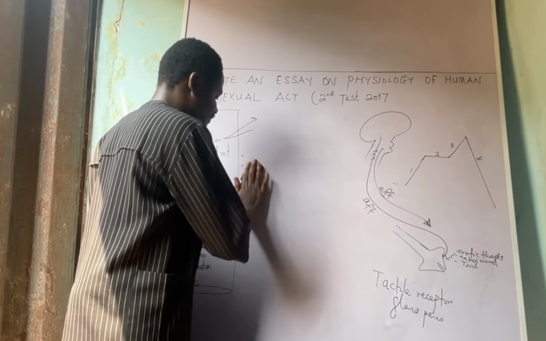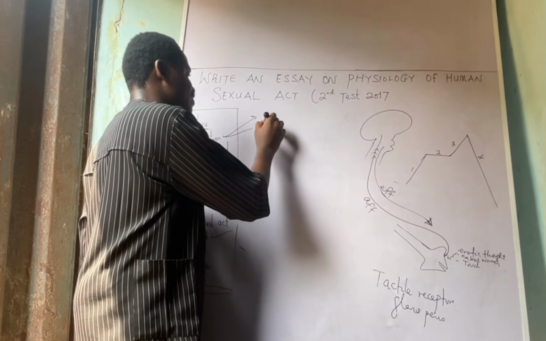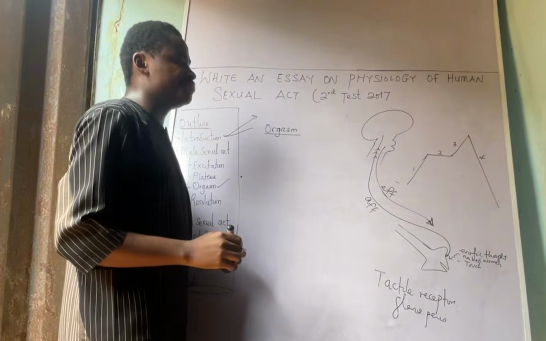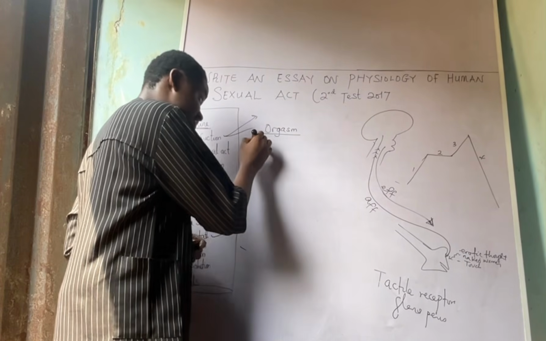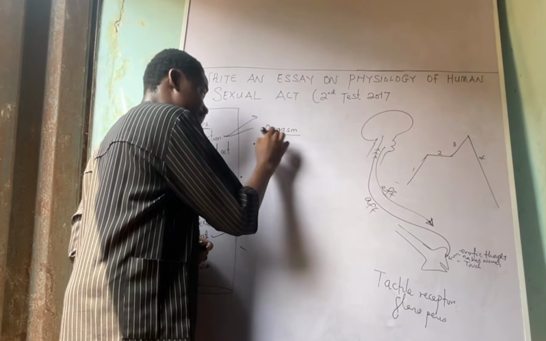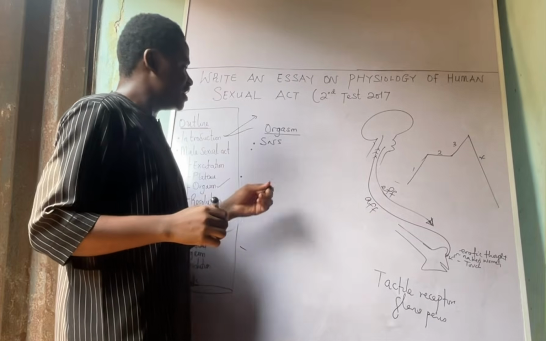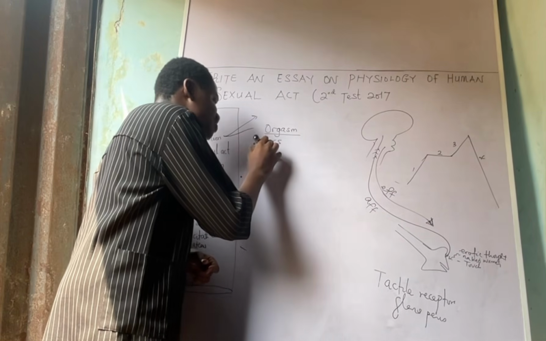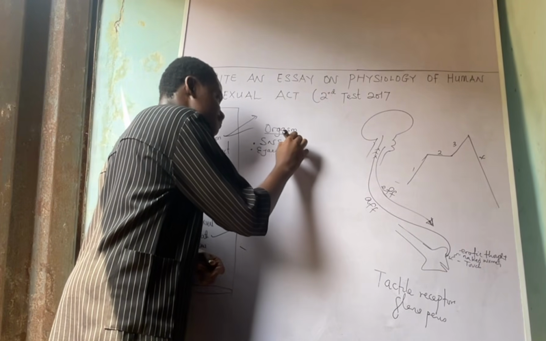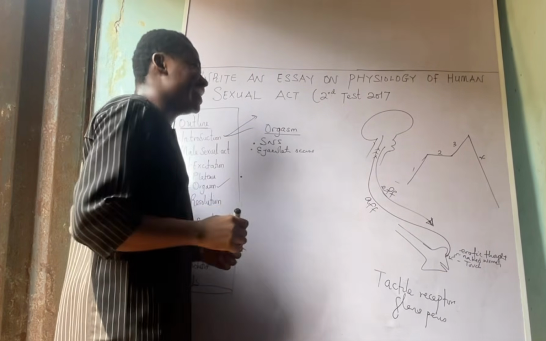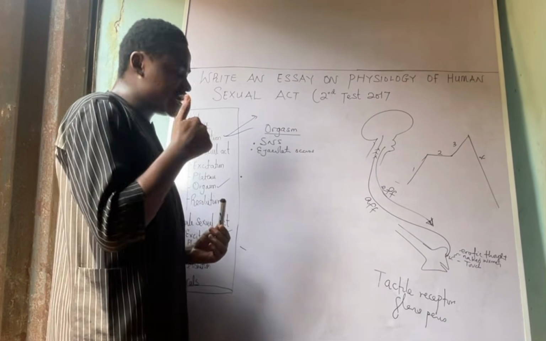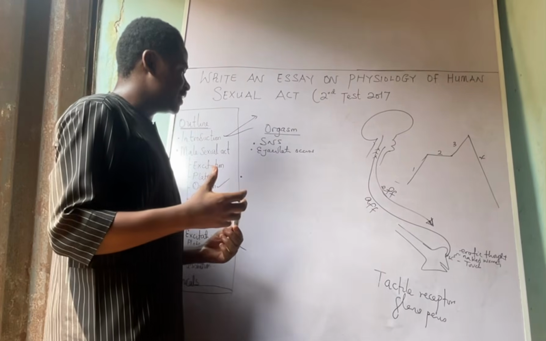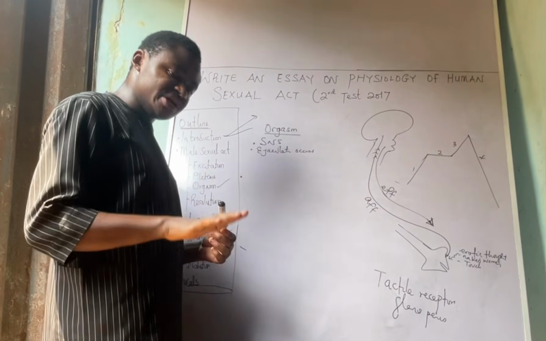In your essay there, for orgasm, you say that orgasm, which is the third phase, is going to be under the influence of the sympathetic nervous system. Now, for orgasm, what else will I have to say? It is that phase where ejaculation occurs. Now, it is necessary you add that the first ejaculate has the highest volume, while subsequent ejaculates will be reducing.